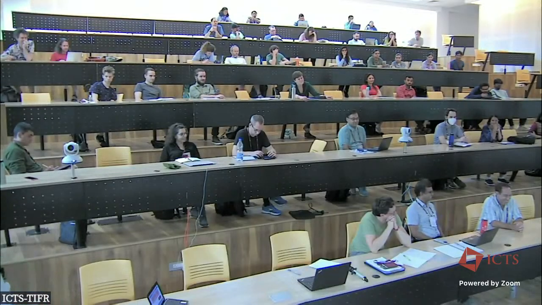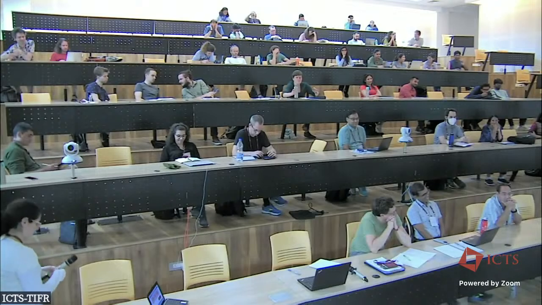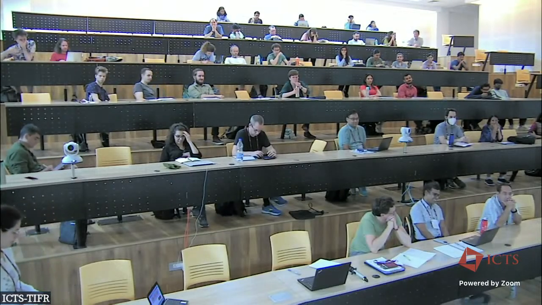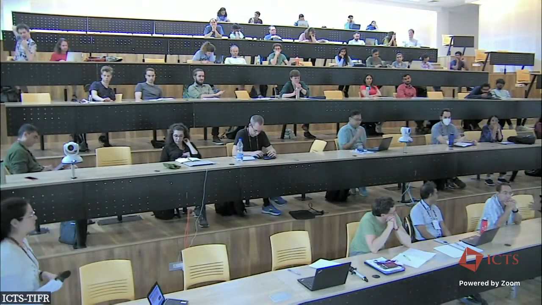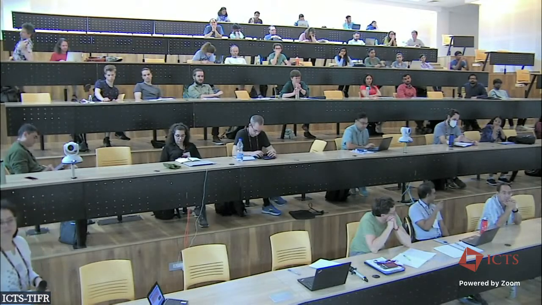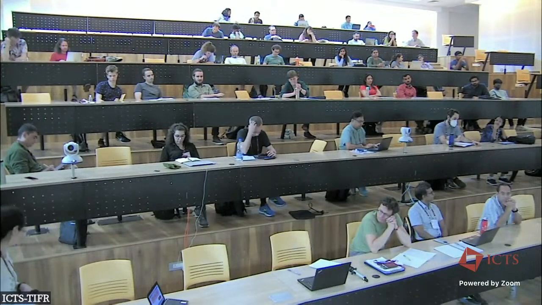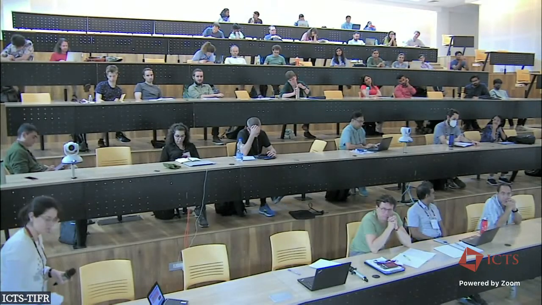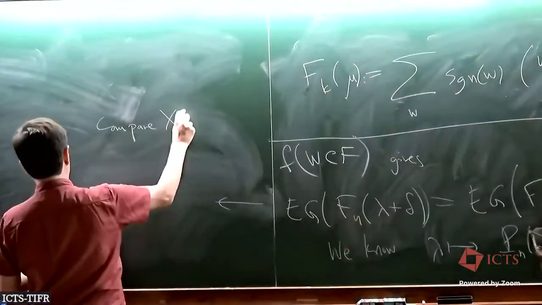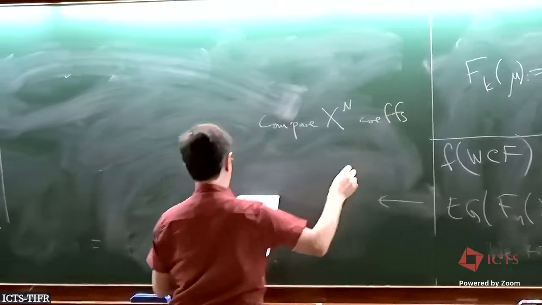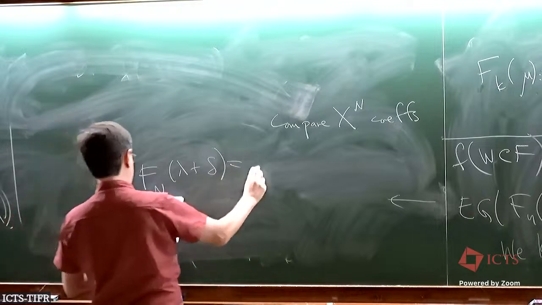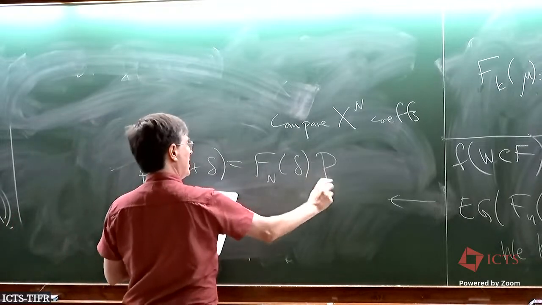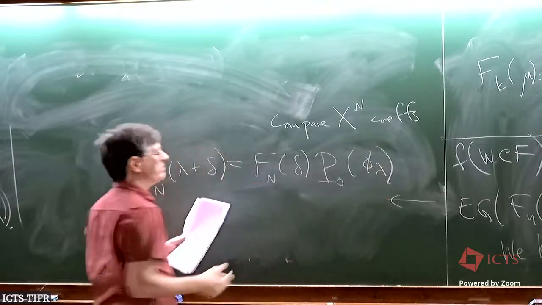Let me see. So I wrote it down. Yeah, so what you do. Okay, so I start over here. I'm going to start with this formula here, and then I'm going to compare x to the n coefficients, and that gives me Fn of lambda plus delta equals Fn of delta P0 of phi lambda.